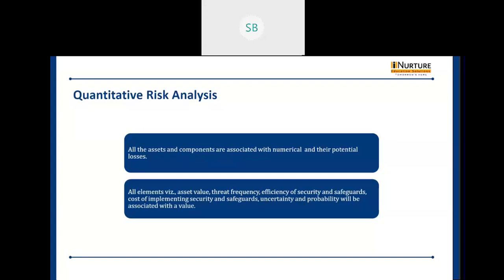So all elements, as I was mentioning, the asset value, threat frequency, efficiency of security and safeguards, cost of implementing security and safeguards, uncertainty and probability will be associated with a value. These are the components, right? Threat frequency, efficiency of security, safeguards, all this falls under the component part of quantitative risk analysis.